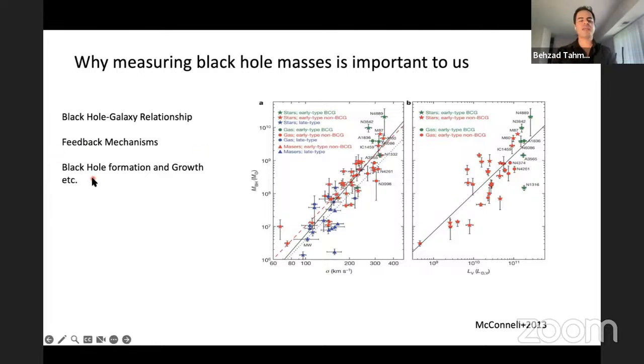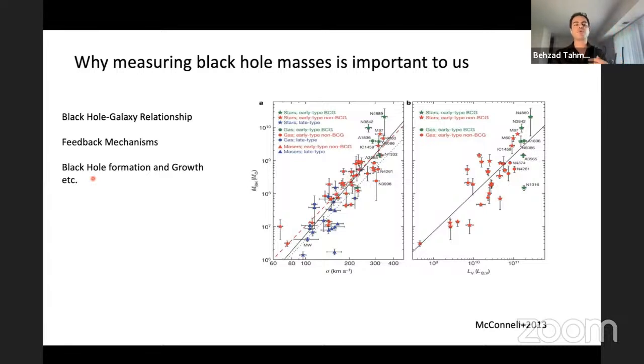And also, we can detect all these black holes, but we don't know how these black holes formed back in the early universe. There are a few formation theories that I will talk about, and each of them predicts different things.